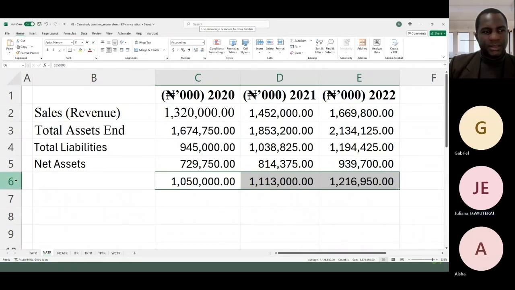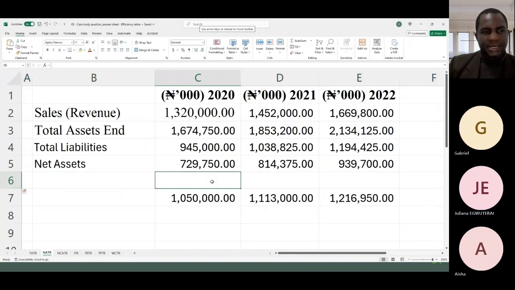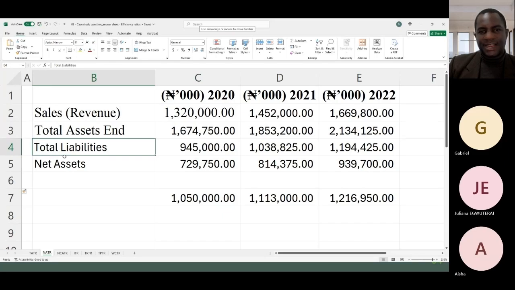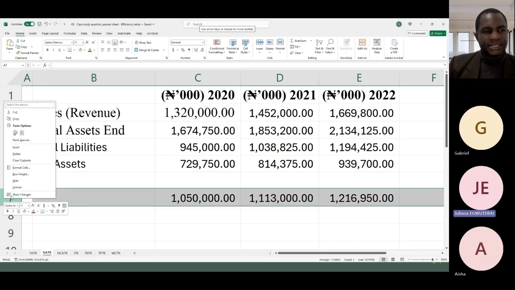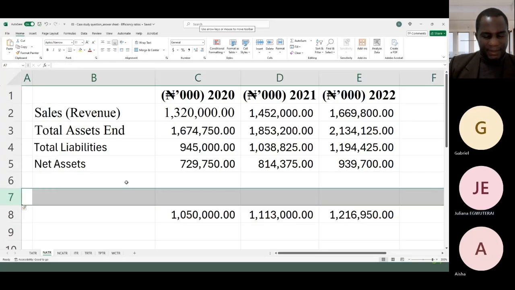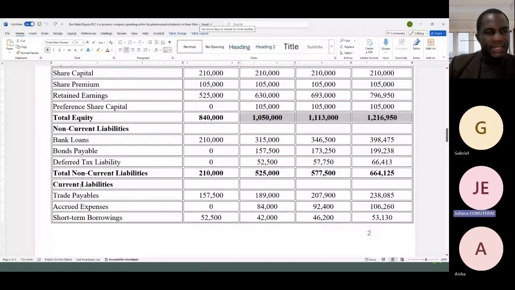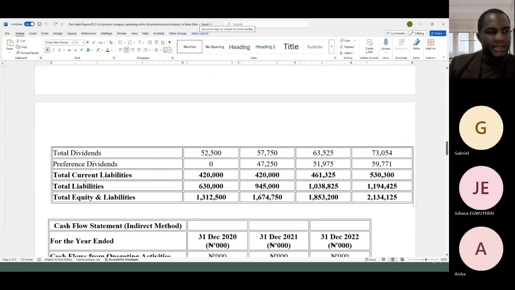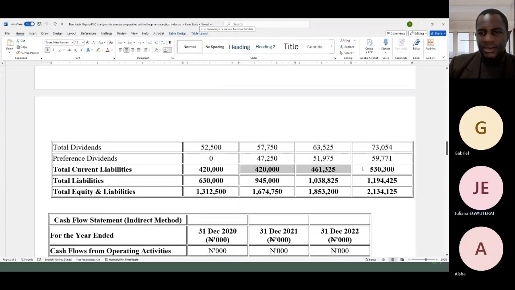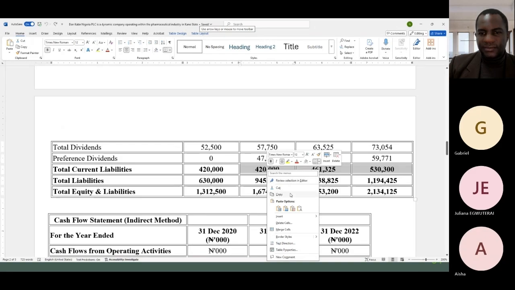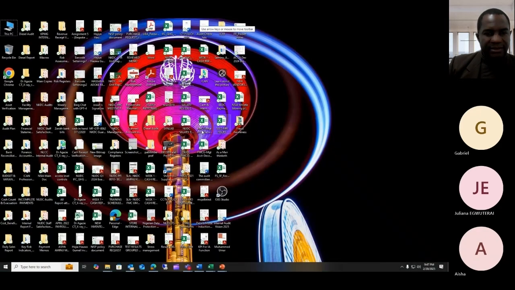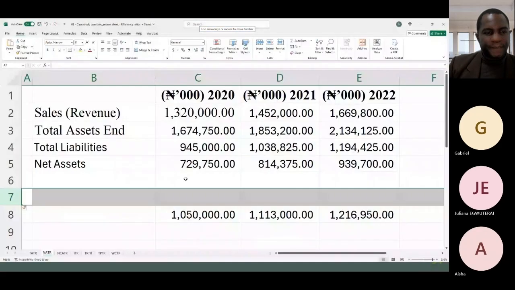So since we are practicing, let's also take total assets less current liabilities. The net asset is either total assets less total liabilities, or total assets less current liabilities. So let's take current liabilities, which is 420, say 3 of them.